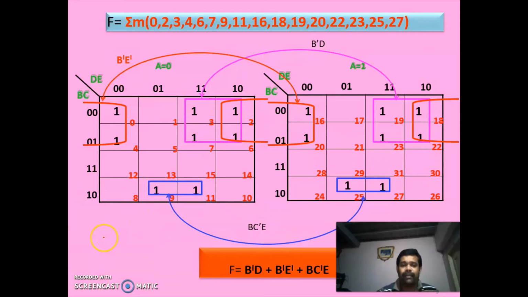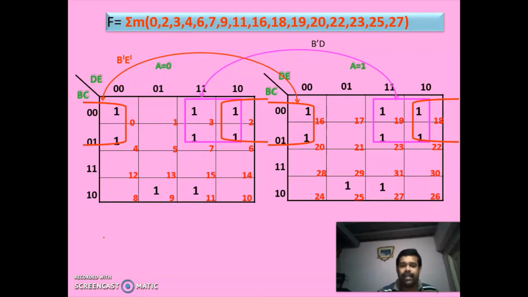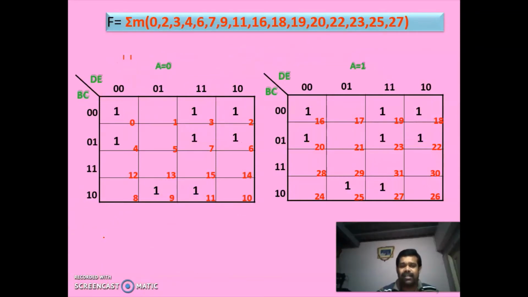So once again I will tell, we have plotted the ones, then we are checking for similar ones in both the cells. So we are getting two quads like this. So you can consider this, and its expression is b bar d.